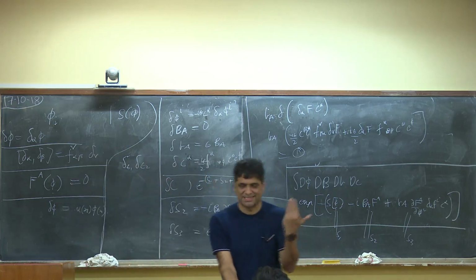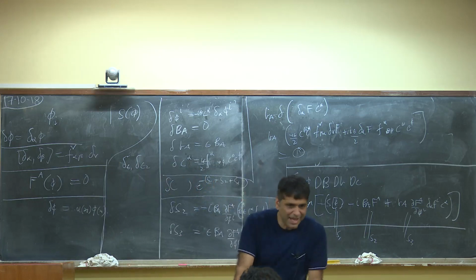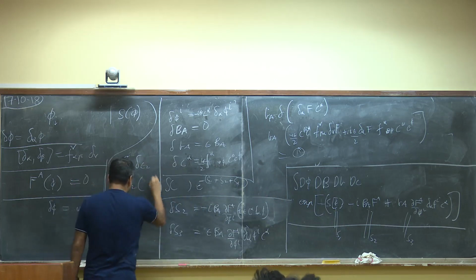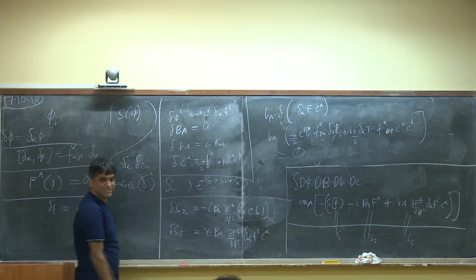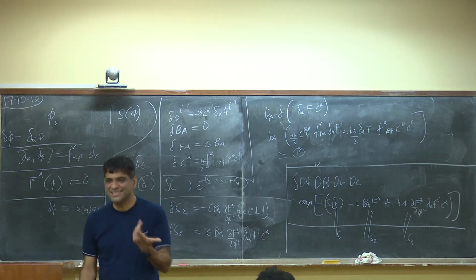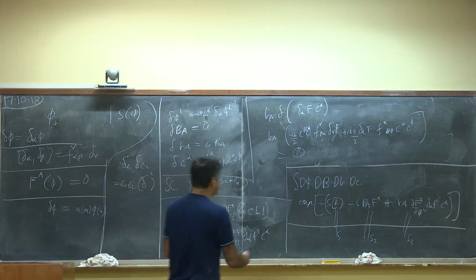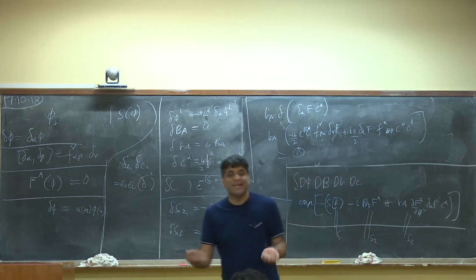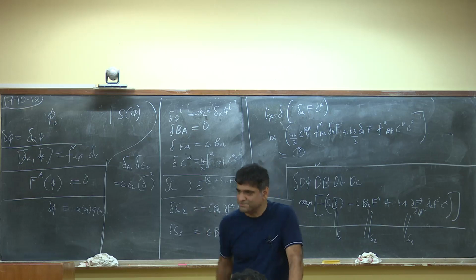Epsilon 1 and epsilon 2 are just some arbitrary anticommuting numbers. And then write this as epsilon 1, epsilon 2 times whatever. Let's call that operation delta square. The delta square is 0. Which says that the generator of this transformation, whatever it is, squares to 0. This is what I want to show.